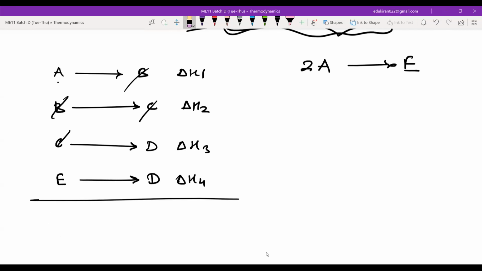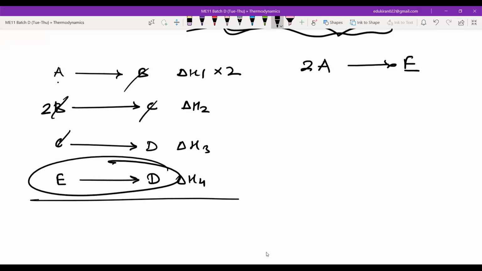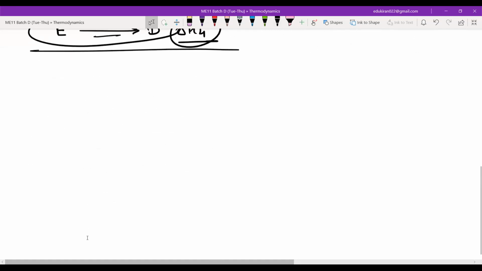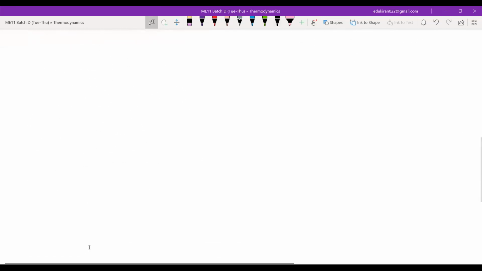First of all, you will have to multiply by 2 here, so say this is 2B giving 2C, so you can cancel that out. And then you have to reverse this reaction in order to make it D giving me E. When you reverse that reaction, you also change the sign of this enthalpy. It will be better that we write a question and try to solve the enthalpies.